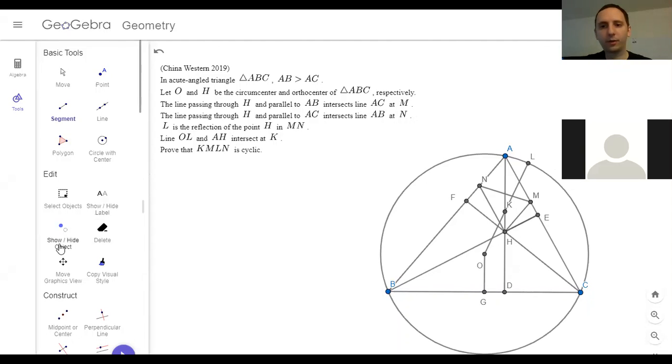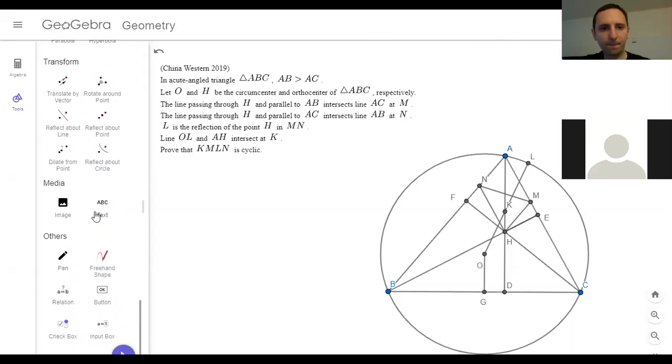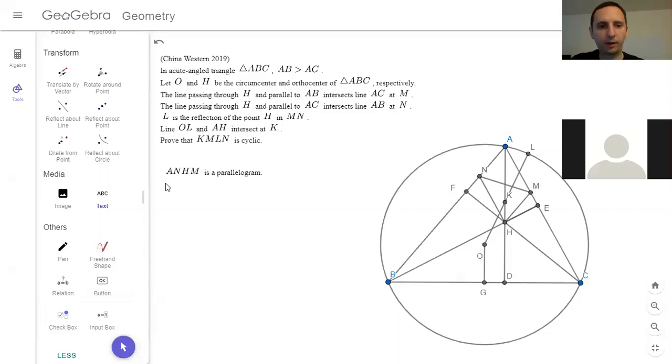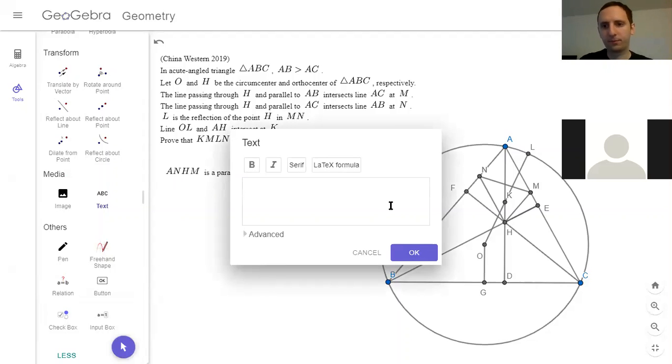Okay. So I'm going to write this down. First, since ANHM is a parallelogram, that's obvious from the problem statement, that means ANML is an isosceles trapezoid, which is cyclic.